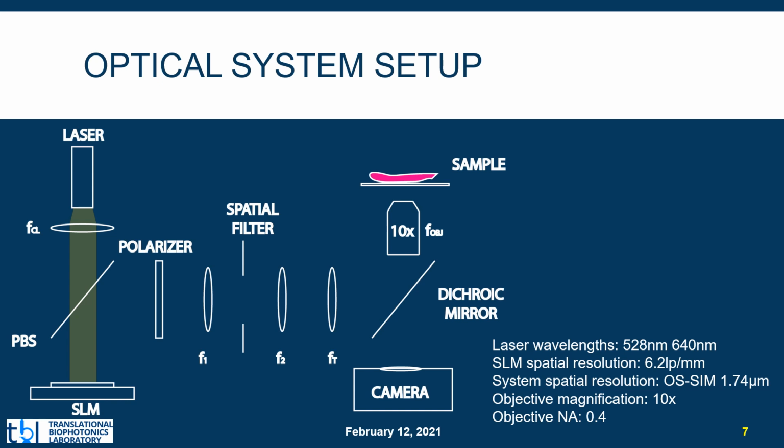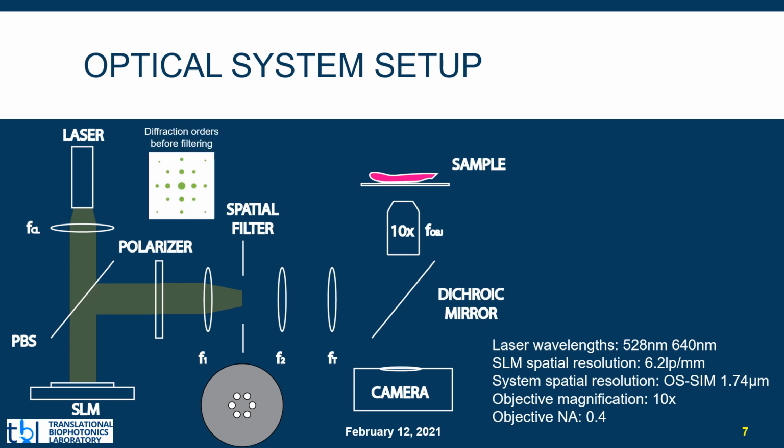Light is transferred to a clean-up polarizer, which is to remove any P polarization that was not cleaned using the PBS. We use 2 lenses, f1 and f2, to focus the pattern interference on the mask and the pattern on the tube lens. As we can see, our spatial filter is created with holes to pass only the first order of diffraction of the pattern.